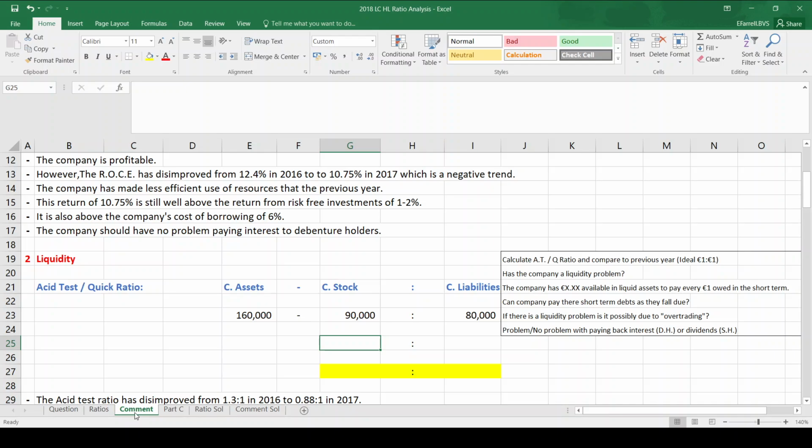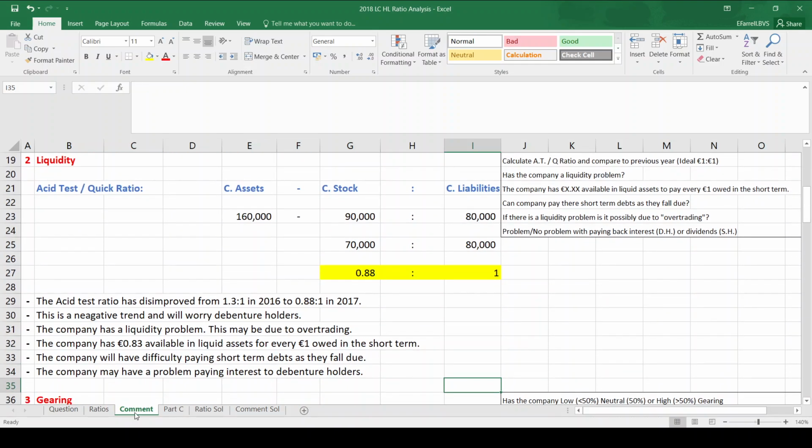So 160 minus 90 is 70,000, and we're comparing that to 80,000. So 70 divided by 80 is 0.88 is to 1. Okay, so this ratio really should be over 1 is to 1. If you're using your current ratio, it should be over 2 is to 1.